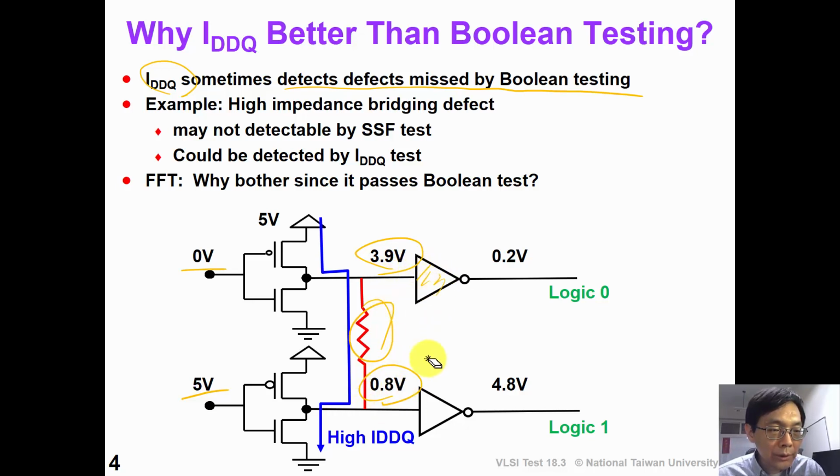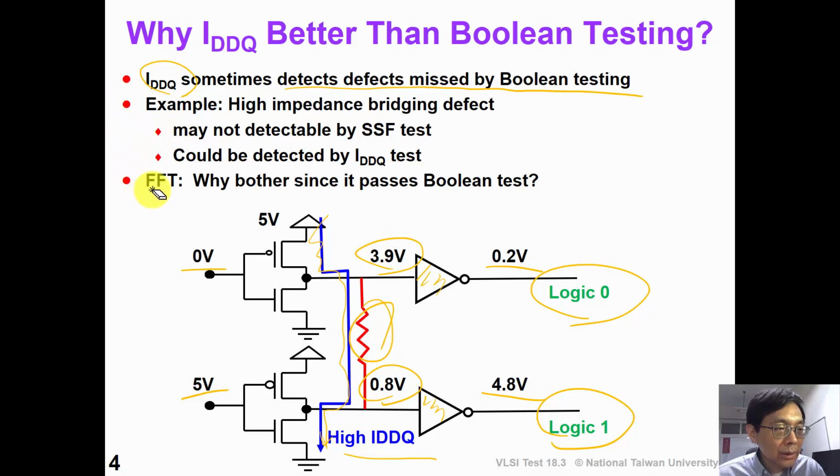After two inverters, the output voltage can be observed as logic 0 and logic 1 respectively. So we cannot detect the defect using Boolean test. However, we can observe a static high IDDQ current. So this circuit may pass Boolean testing, but it may fail IDDQ testing.